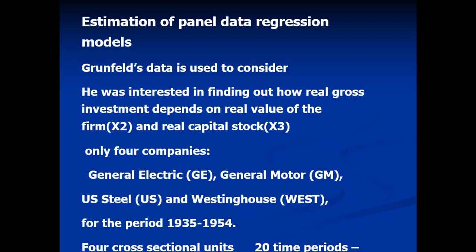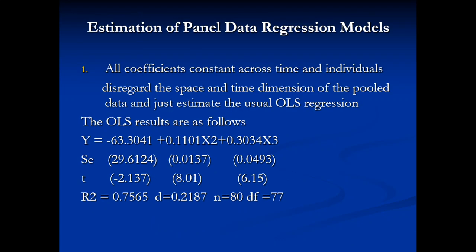And below General Electric you will write US Steel from 1935 to 1954, again the data of Y, X2 and X3. So all these are stacked below. For the four companies you just write the data points down, not combining anything, and just run an OLS regression.